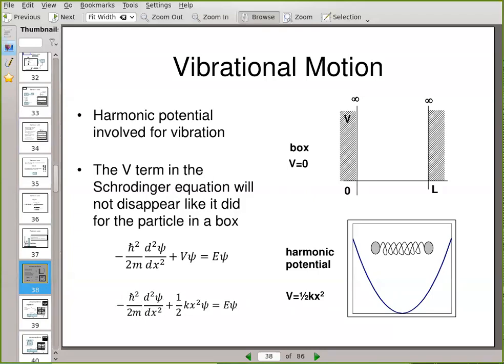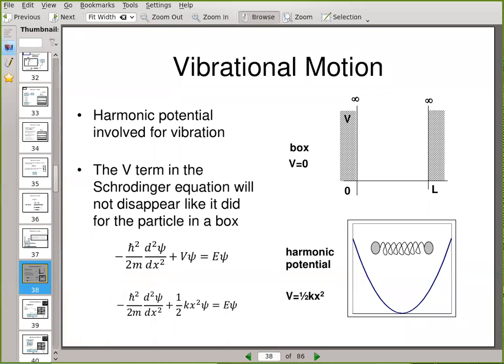I've just seen a question now. How does the potential energy look? How does a potential energy look like a kinetic energy equation? Well, they're both quadratics. Okay, so the potential for a spring is a quadratic term.